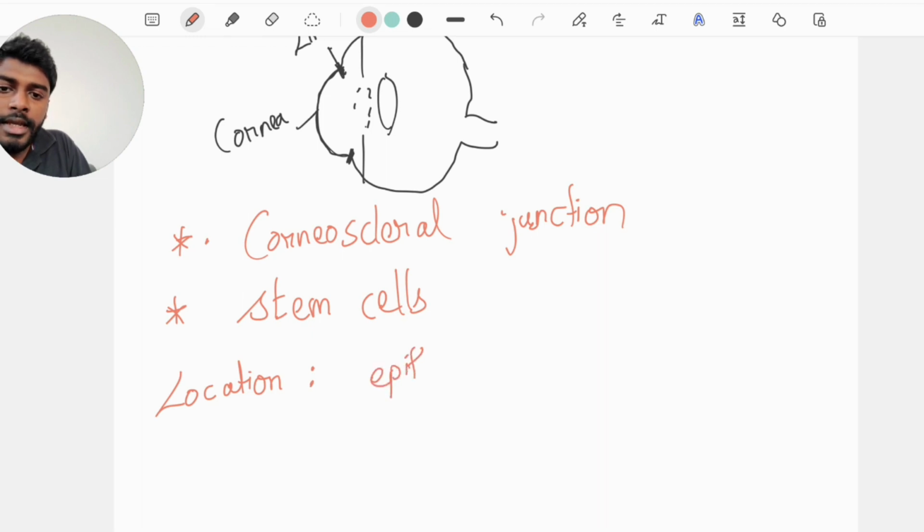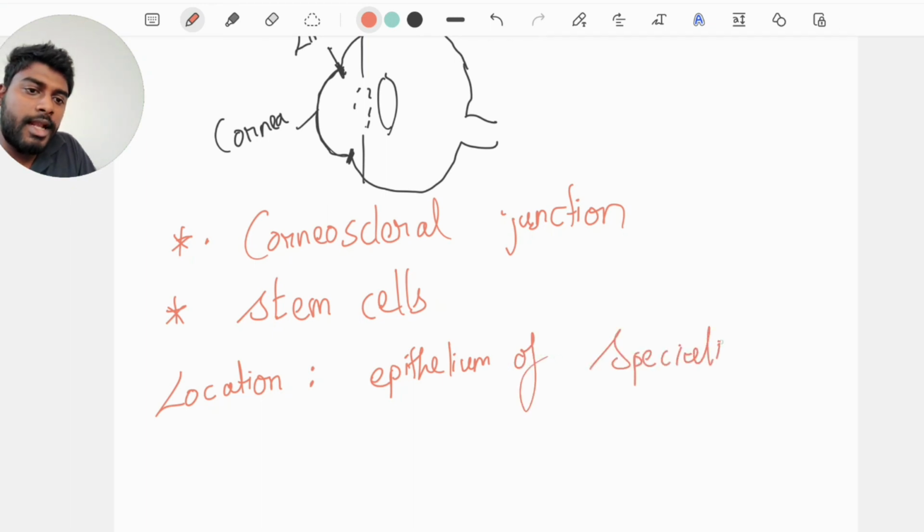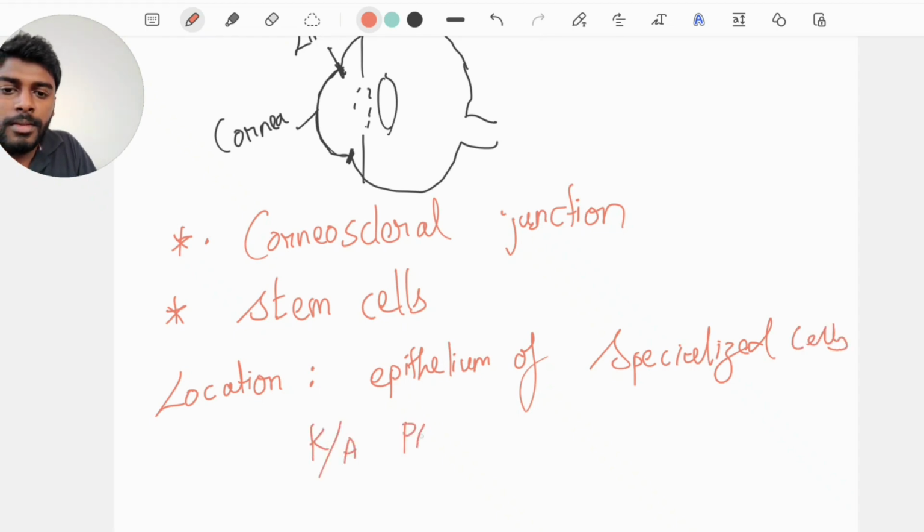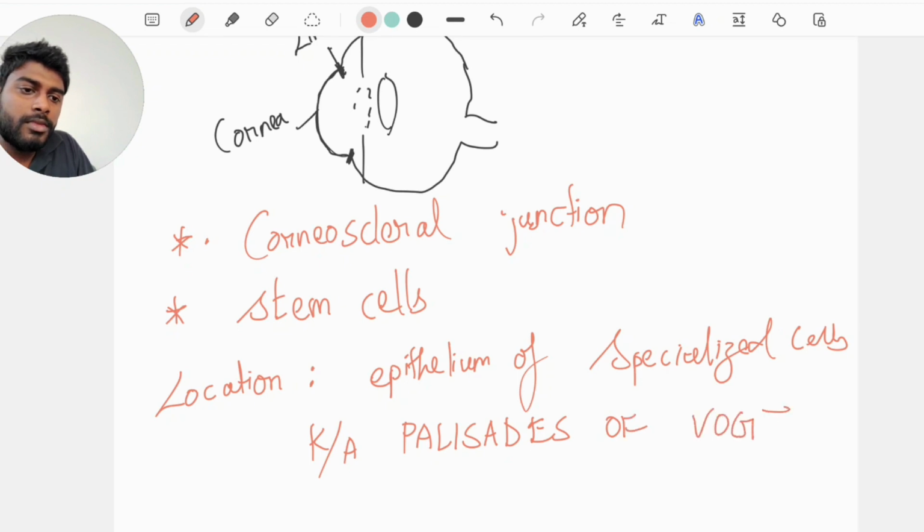Location is epithelium of specialized cells known as palisades of Vogt. So this is the location of the limbus, palisades of Vogt.